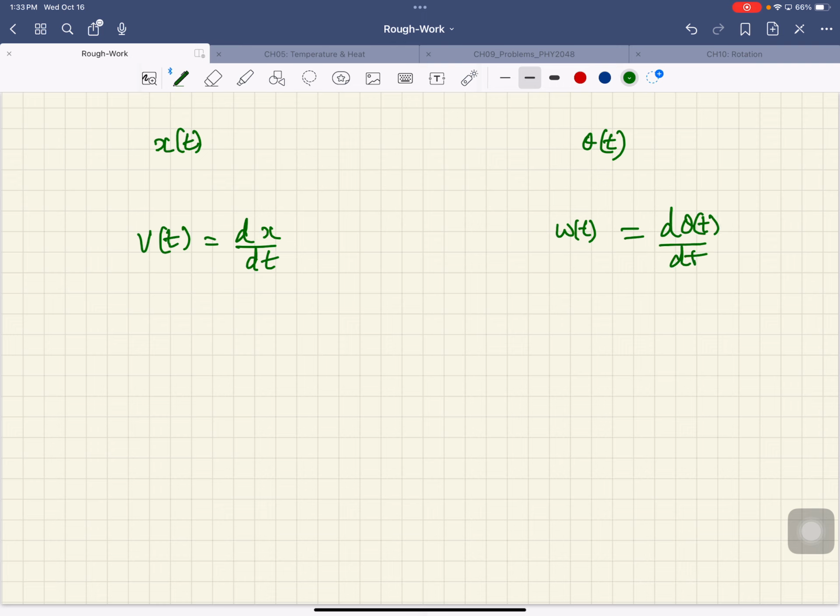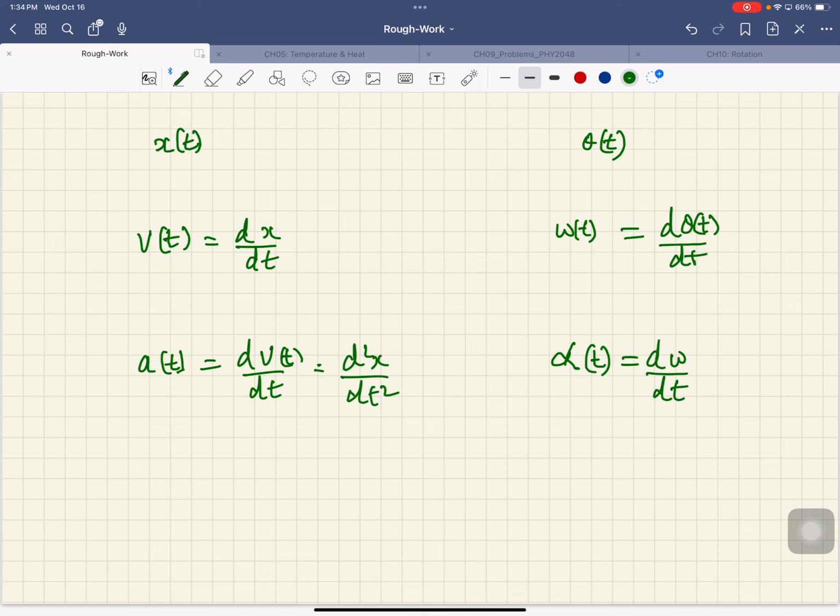We defined linear acceleration, which was equal to dv by dt, which was d square x by dt square. We'll similarly define angular acceleration, denoted by alpha, d omega by dt.